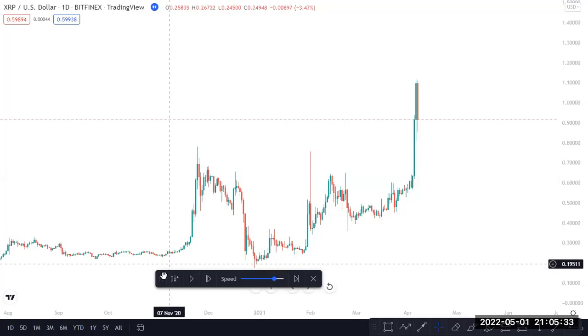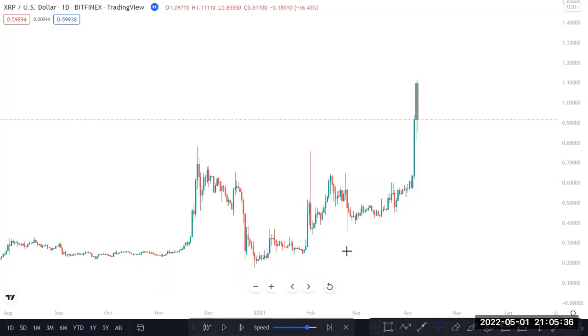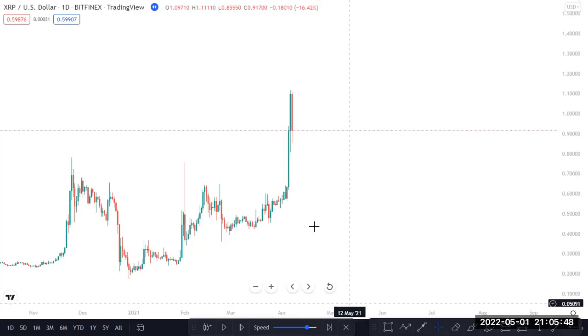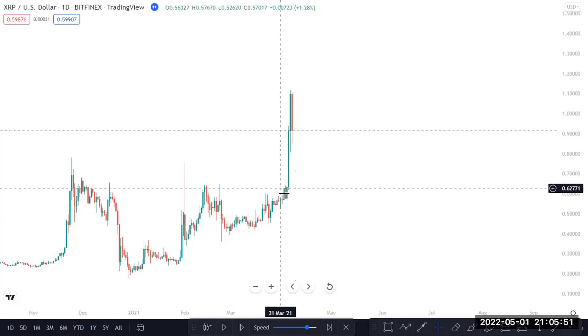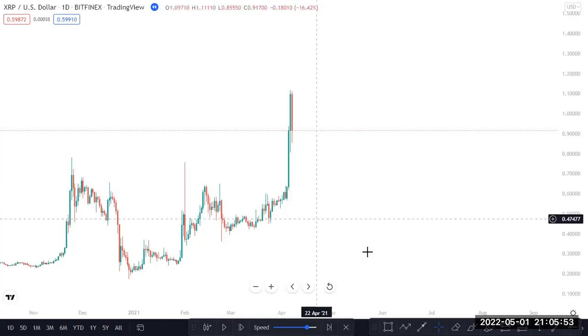Okay, so look at this. We had a nice uptrend. The market is turning up, and we have this unusual rally in price. So what I'll do is I'm looking for this area. This is my consolidation, isn't it?